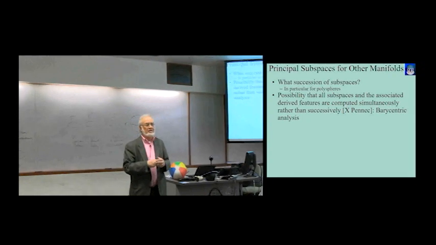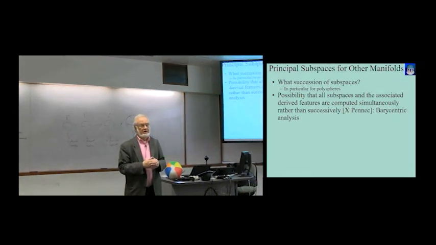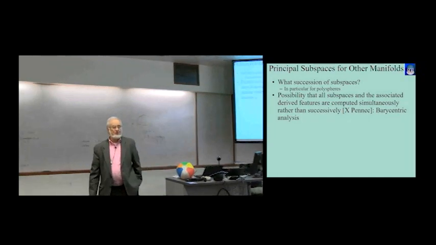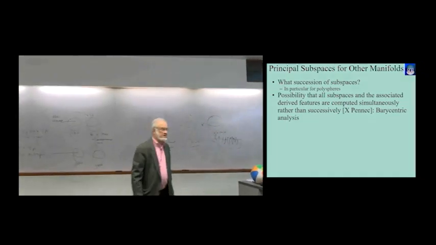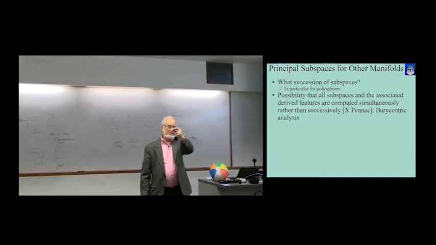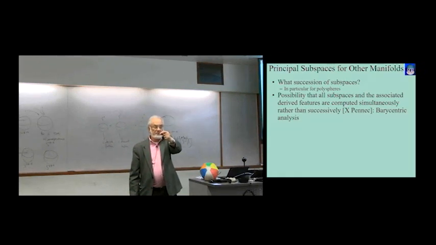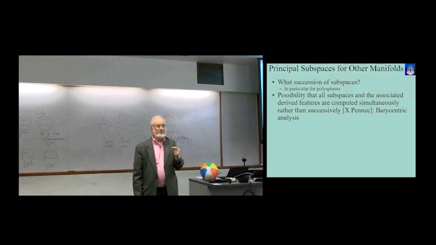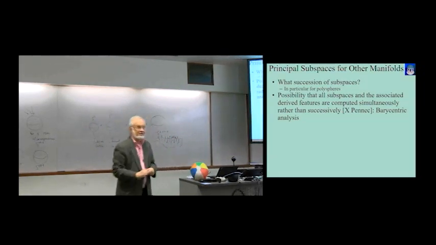This whole business gets even more complex with the idea of Xavier Pennec that, wait a second, I'm making a decision on going from sphere n to sphere n minus 1 independent of the decision going from sphere n minus 1 to n minus 2, and that trying to make all those decisions at once can produce a better mapping of all the spheres onto the other spheres.